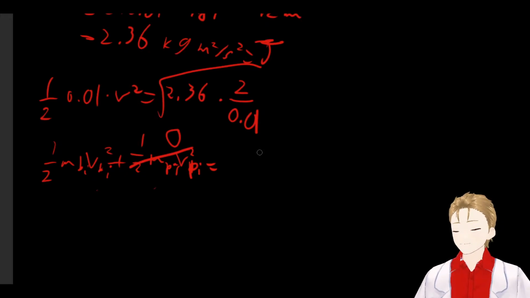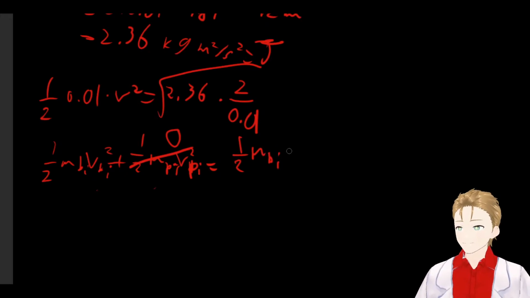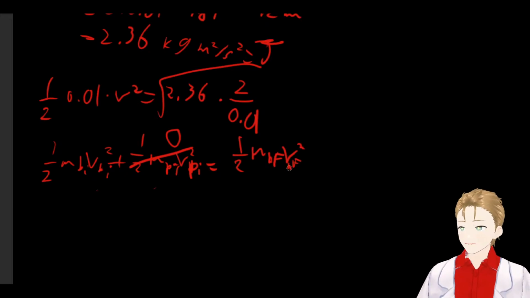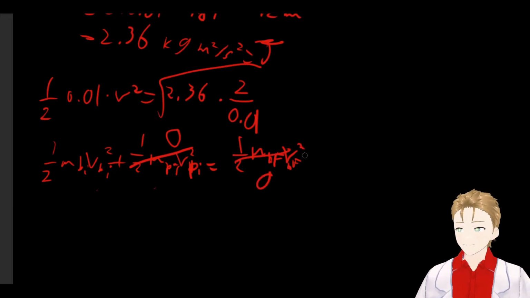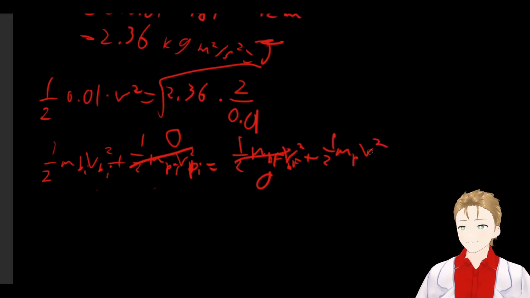They move nowhere. 1/2 mass of bullet initial, no, final, and velocity squared final, another 0, plus 1/2 pendulum velocity squared of pendulum final.